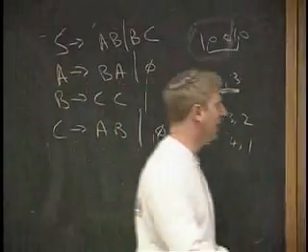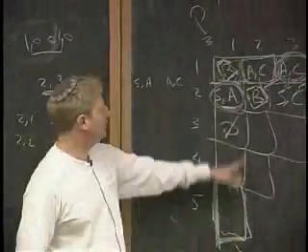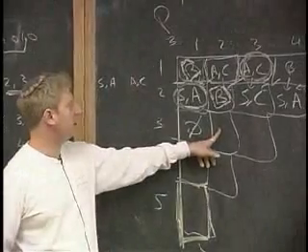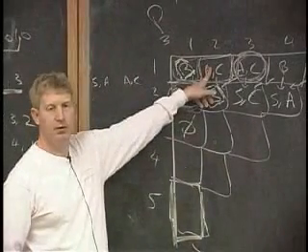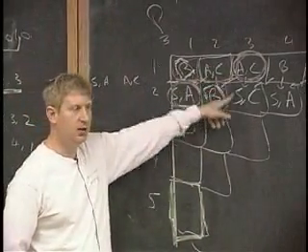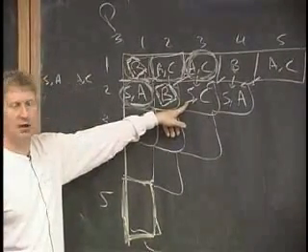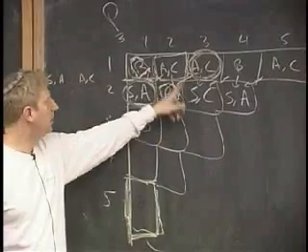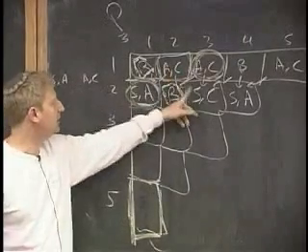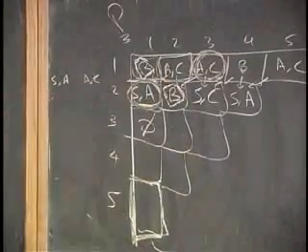All right, now that you know that, let's go ahead and do it. What do we get for the first pair here? We get this one with a 1 to the right. Any combos there? AS, CS, CC, AC.